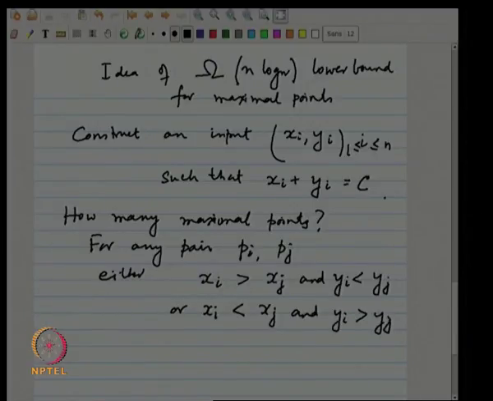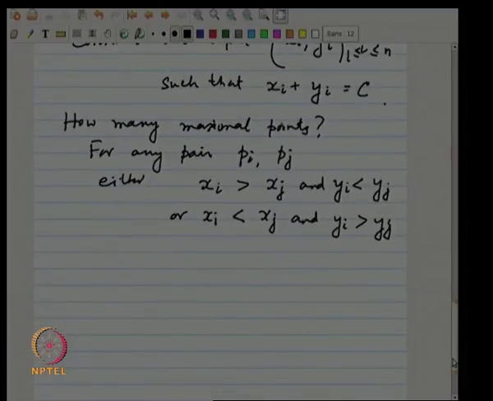So no point dominates another point, and therefore all points are maximal. Whatever algorithm we design for maximal points should be able to detect this condition. If it is the correct algorithm, it should produce the final answer. To produce it, it should have been able to conclude that for all pairs of points, one of these conditions is true.